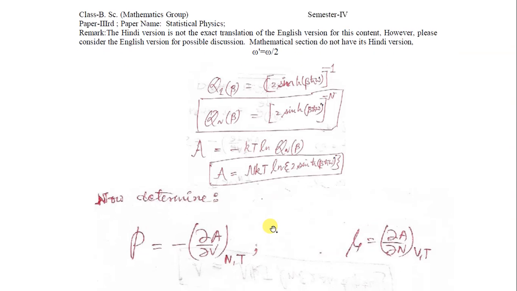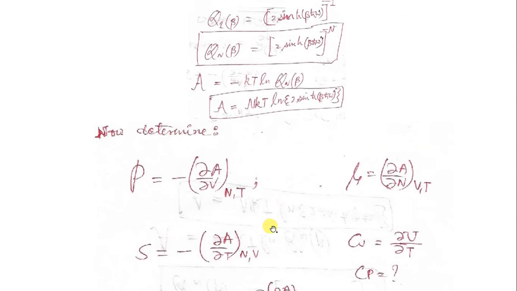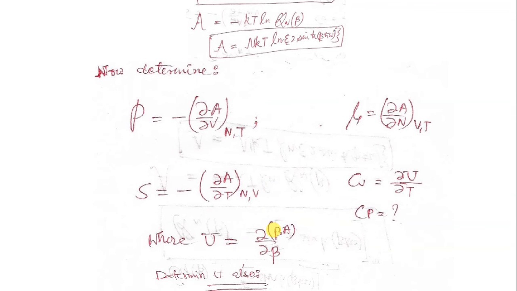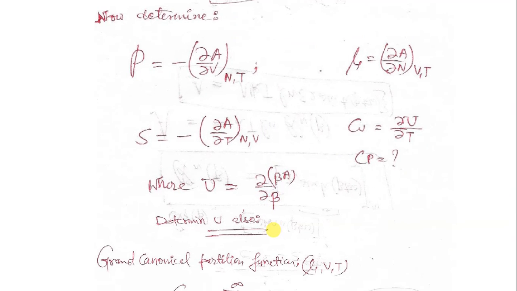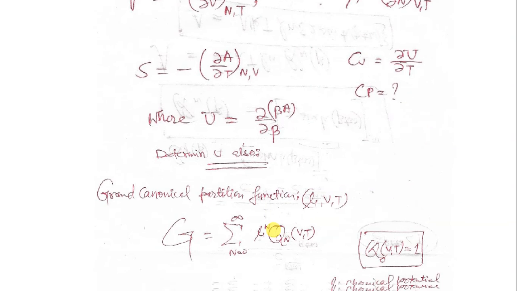From there you can determine pressure, chemical potential, entropy, specific heat at constant volume as well as constant pressure. You can determine the energy of your oscillator. This time students are supposed to determine their own expressions, which are known to you, so you can take derivatives with respect to V, N, T and so on to determine all these parameters.